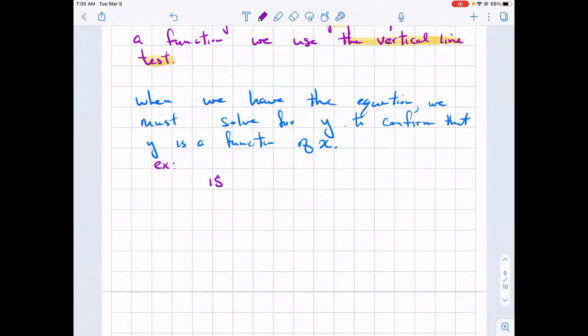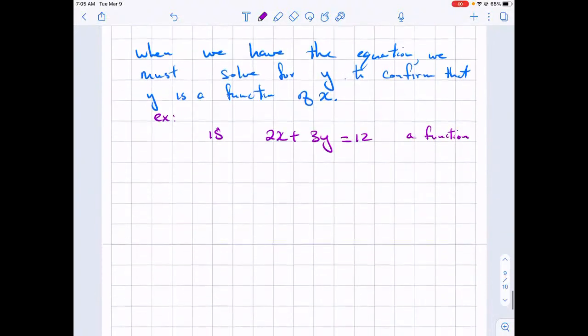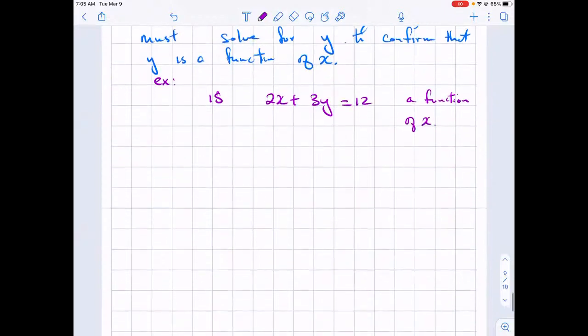Okay, so for example, is 2x plus 3y equals 12 a function? And what we do here, we must solve for y. Okay, well, I shouldn't say a function, I have to say a function of x. If it's a function of x, we must solve for y.